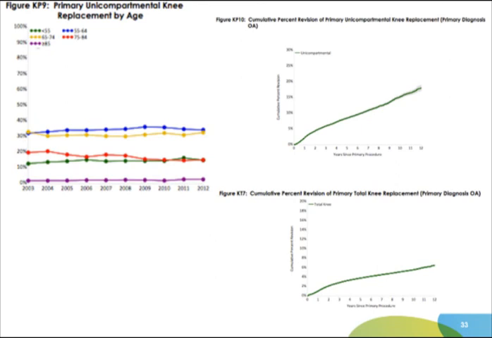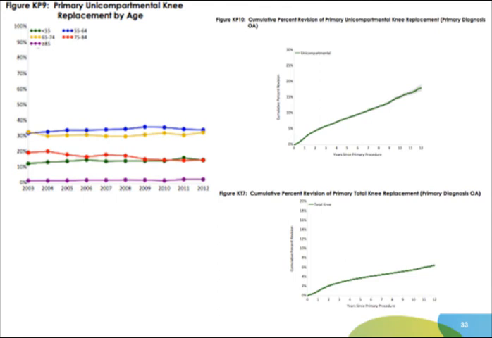When you look at the percentage revision of unicomps, you can see that it steadily increases, and at about 12 years, it's about an 18% risk of revision, compared to the total knee, which is flattening out, and it's far lower. It's about 6%, less than half.